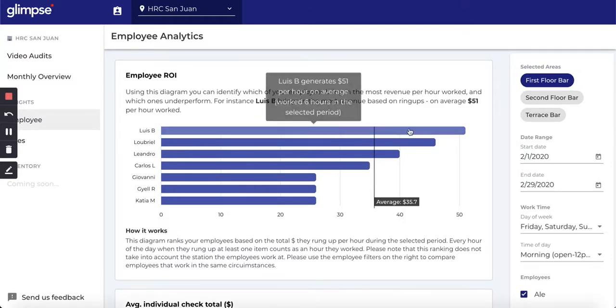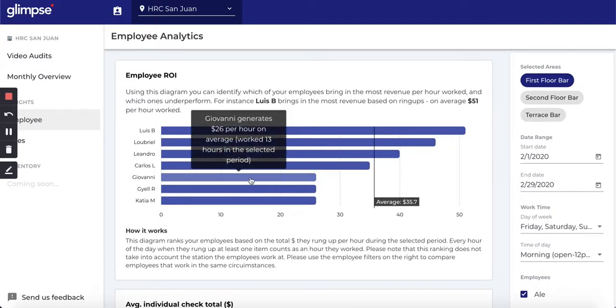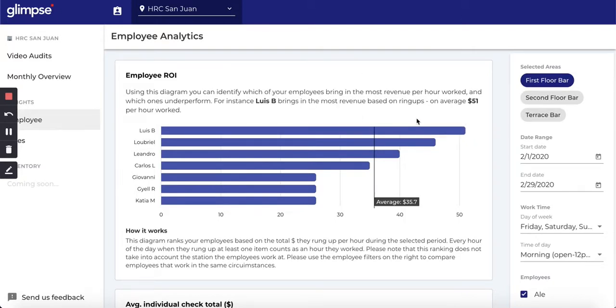In this case, we have this employee, Luis, that generates on average about $51 per hour. And at the bottom, we have Katya, Giel, and Giovanni that are generating about half as much. And certainly there is an opportunity to understand how Giovanni, for instance, can perform much more in line with Luis and bring in more dollars to the table on average.